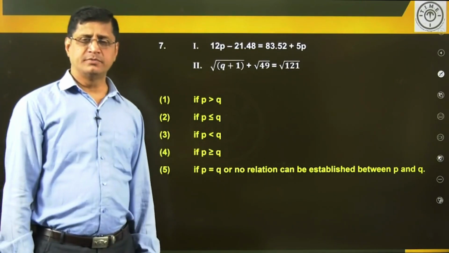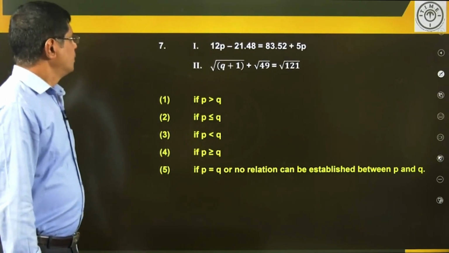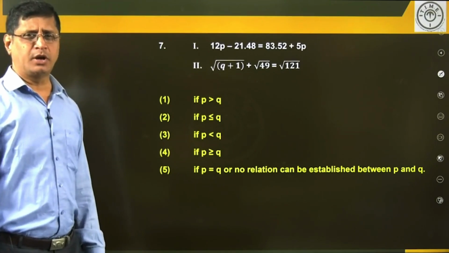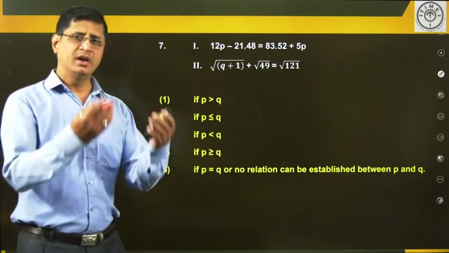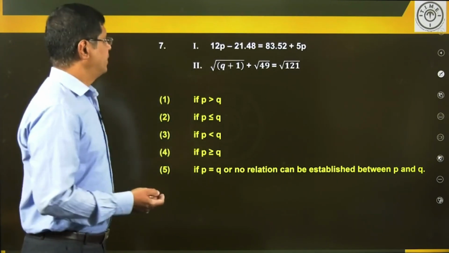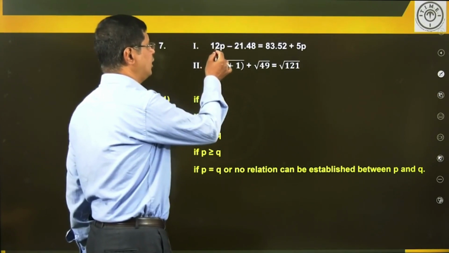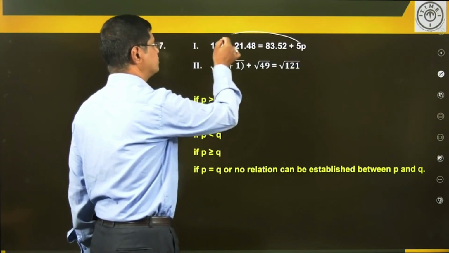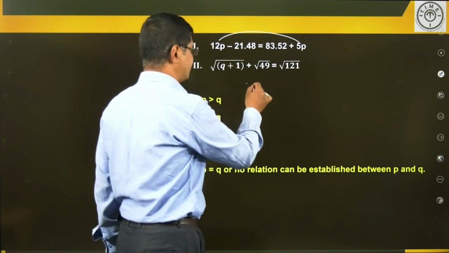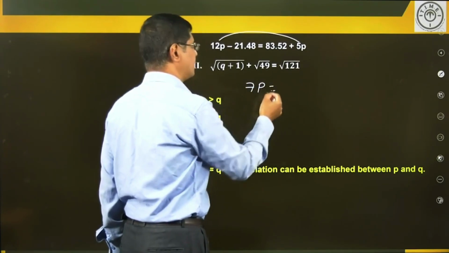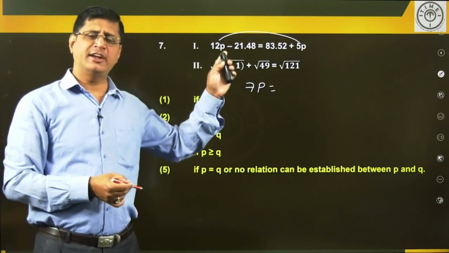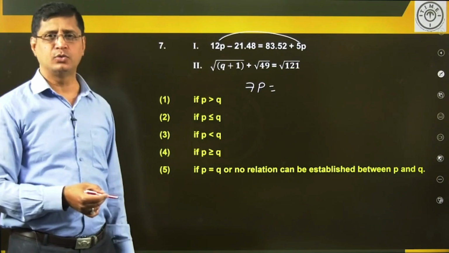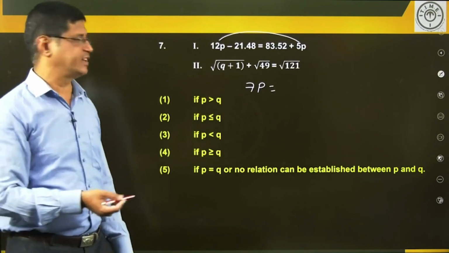Look at the next question. 12P minus 21.48 is equal to 83.52 plus 5P. Take P on one side. 12P minus 5P, that is 7P. Am I right? 0.48 plus 0.52, 48 plus 52, that is 100.